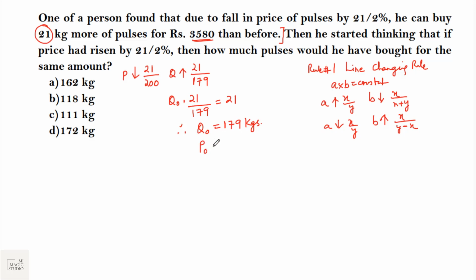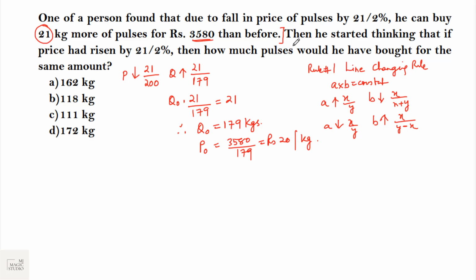That means the initial price was 3580 divided by 179, that is rupees 20 per kg. So this is what we have calculated without investing much time, using the line changing rule. Initially the price was rupees 20 per kg and he was purchasing 179 kg, and that's why his investment was 3580.